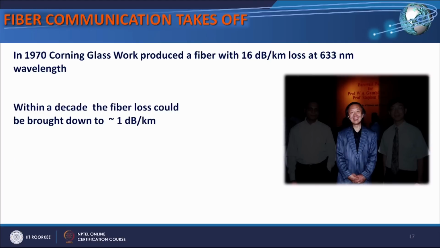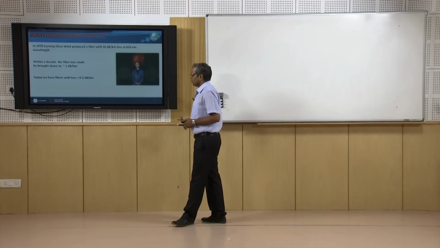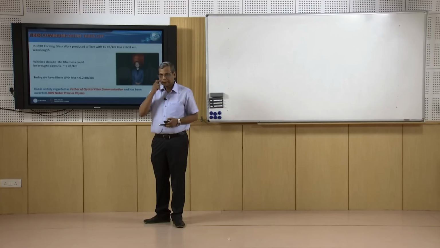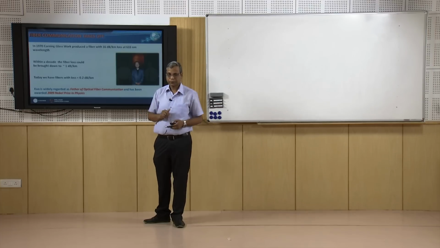Today we have fibers with loss less than 0.2 dB per kilometer, which is approximately the theoretical limit. So, whatever we have today is because of Charles Kao.